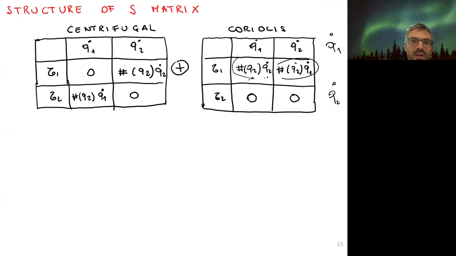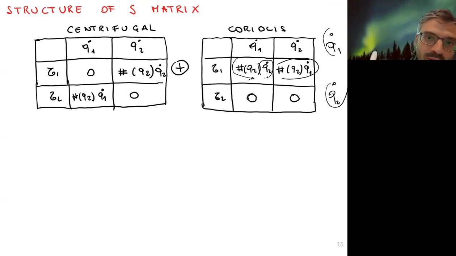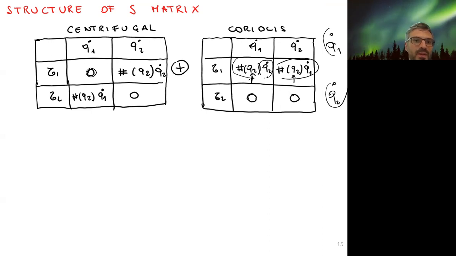And in here we'll have a mixed term, q2 dot, q1 dot, and here we'll have q1 dot, q2 dot, and you have dependency on the position of link 2. And here you will see that you have only the squared dependency on q2 dot squared and q1 dot squared.